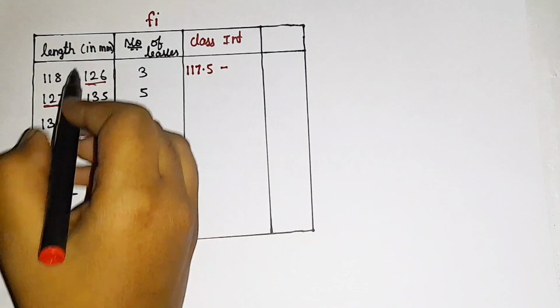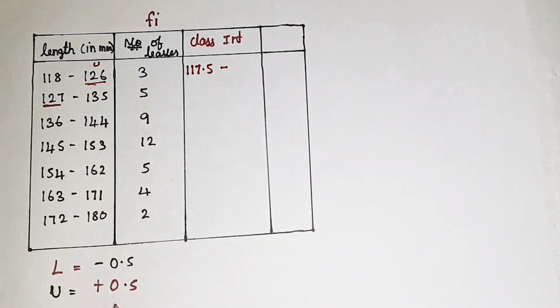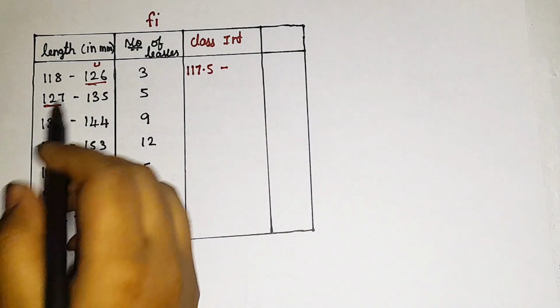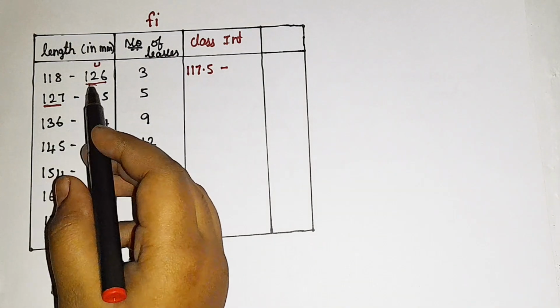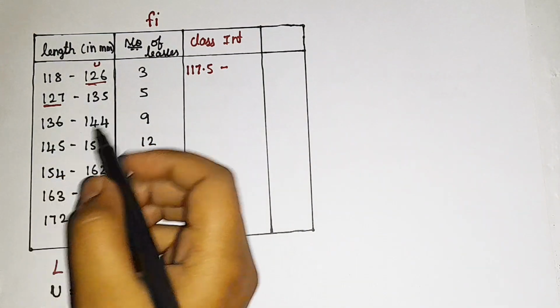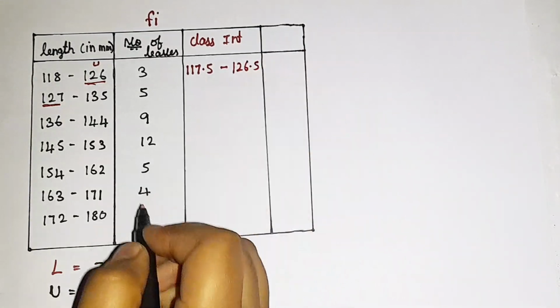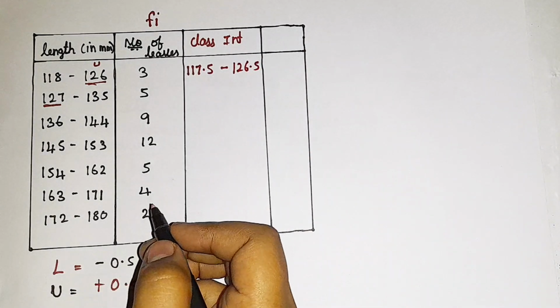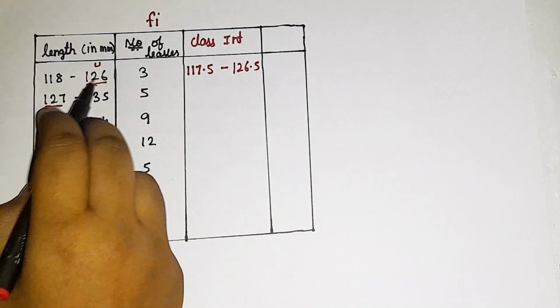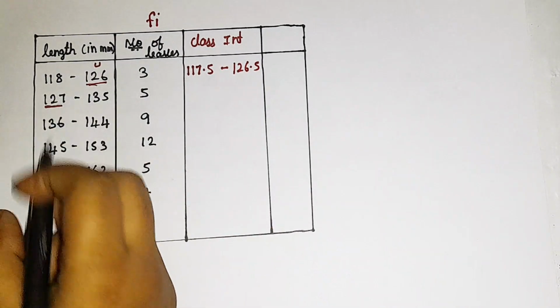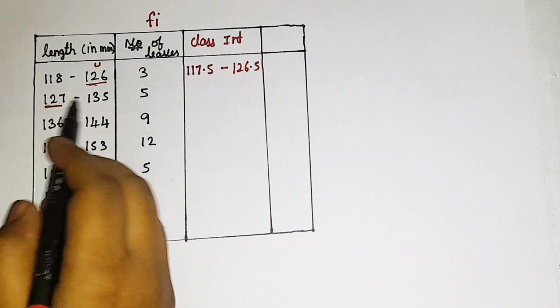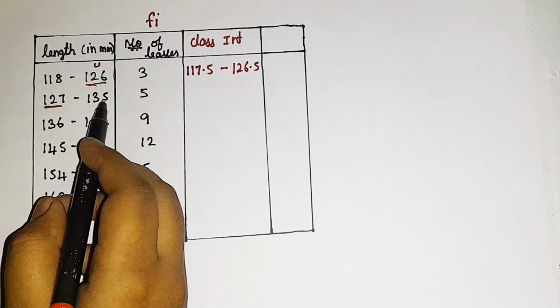Now we have 126, that is the upper limit. So we are supposed to add 0.5. So 126 plus 0.5 is 126.5. This is how we find the class interval whenever you have disordered values. Now we have 127 to 135.